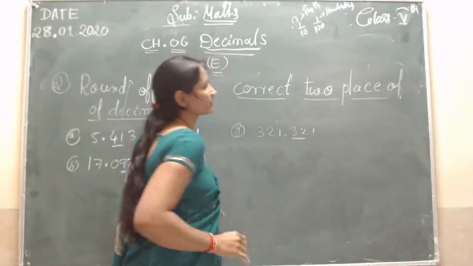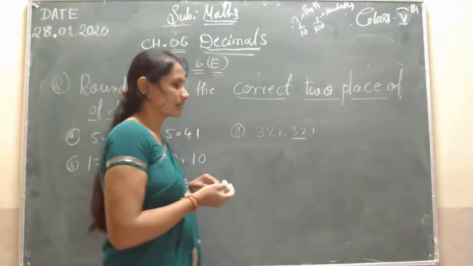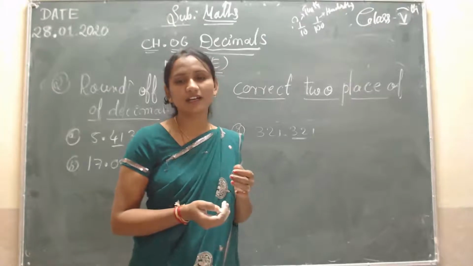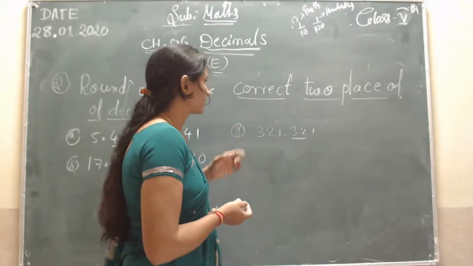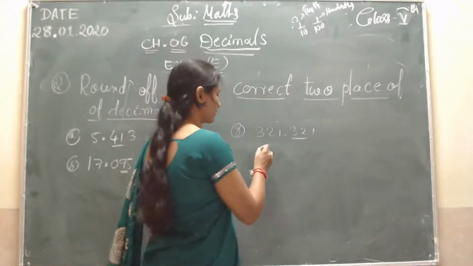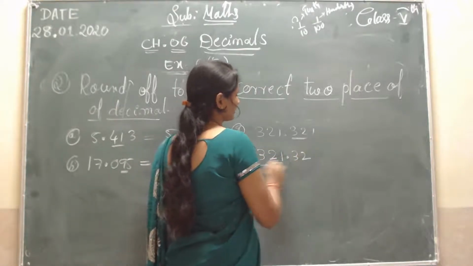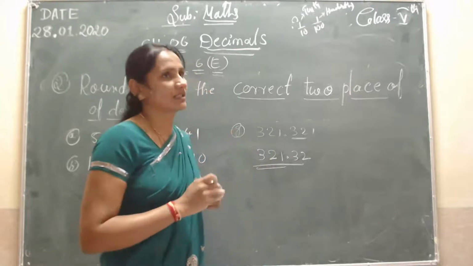Students, 32. Sorry, we are not considering the total number 32. So in 32, the 3 is a weaker number. But see, correct to decimals means you have to write it 321.3. This is the correct to the decimals numbers.